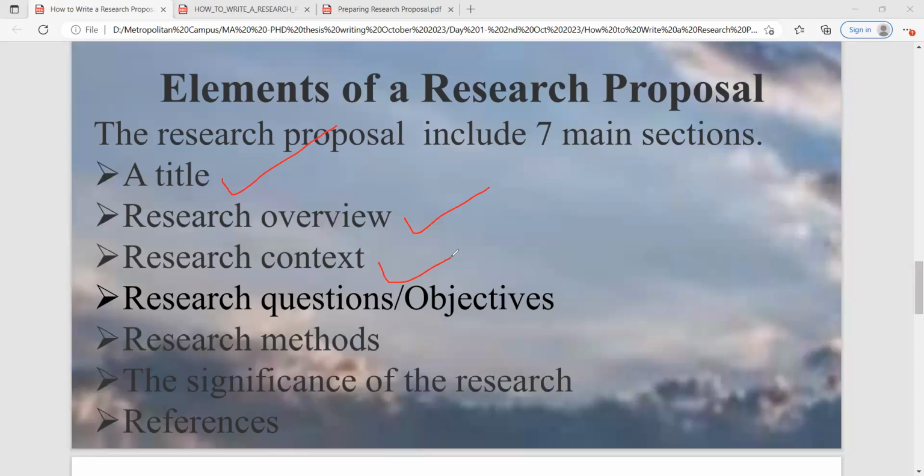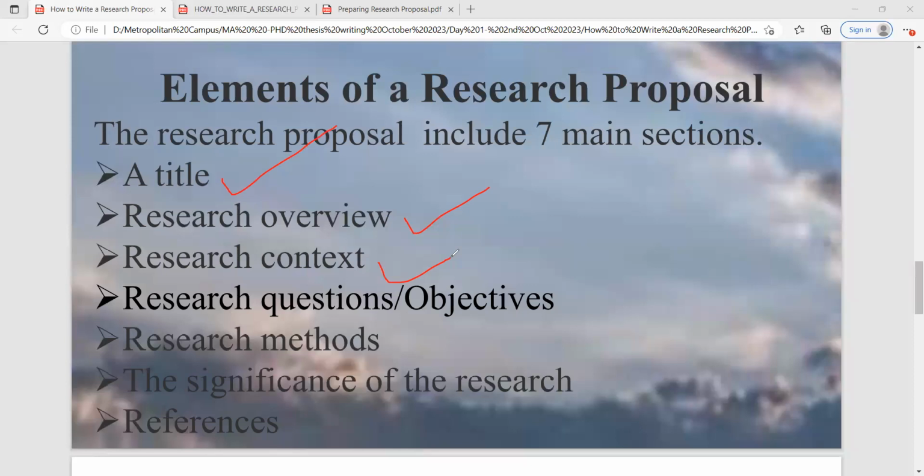For example, one main objective and 3 specific objectives. Likewise, when writing your research questions, you can include 1 main research question and 3 specific research questions. And then your research methods, that means your methodology, the significance of the research, and then your references.